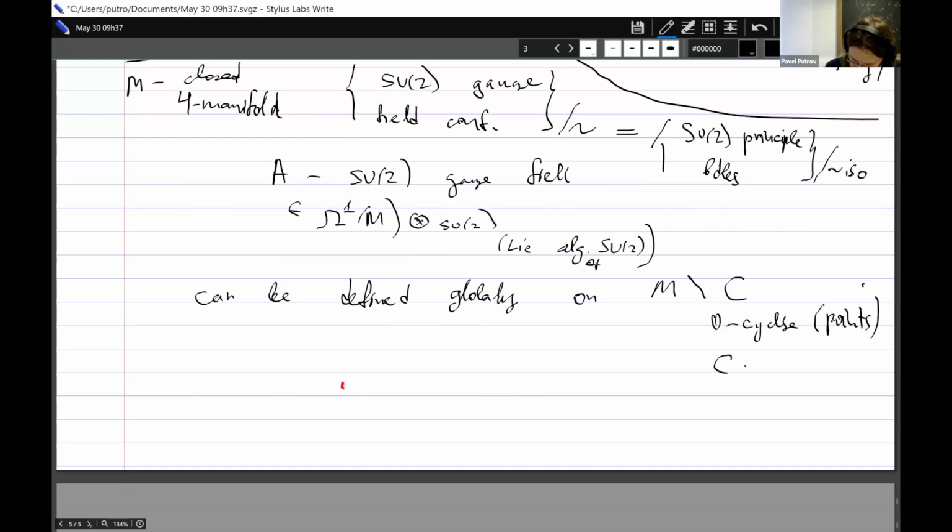So what I mean here, C is some, if you write it in this way, these images of alphas are just points.